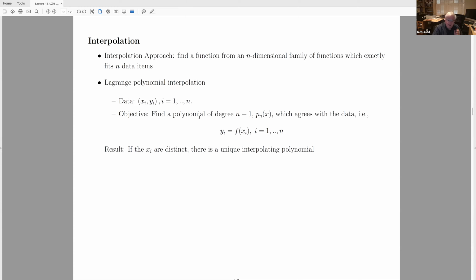And then you find a polynomial of degree n minus 1, which we're going to call Pn. The subscript n refers to the number of points used, which agrees with the data. That is, the yi's equal f of xi equals Pn of xi.